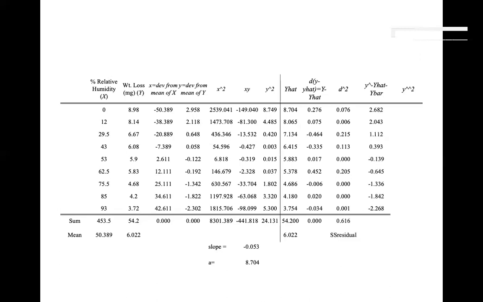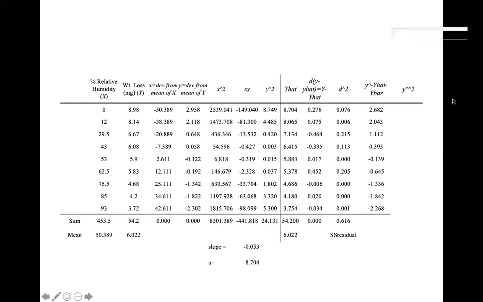this column is how does this value 8.704 differ from 6.022? And so it's help me read the column title of that column. Yeah, so this is taken. So the problem with doing this in Excel is Excel doesn't allow you to do equations and things like this.